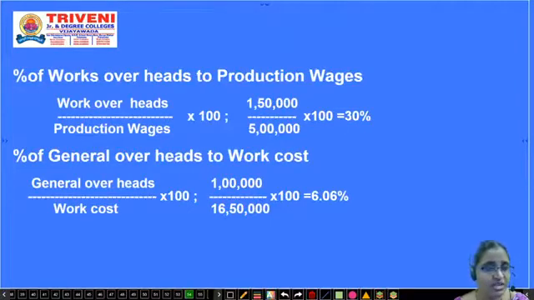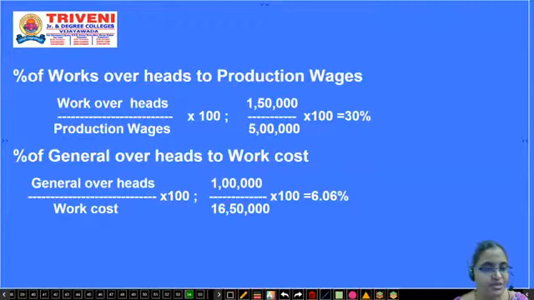The formula is works overheads by production wages into 100. In the sum, the works overhead was 1,50,000 and production wages was 5 lakhs, into 100, 30%. So the factory overhead cost was 30% of direct wages.